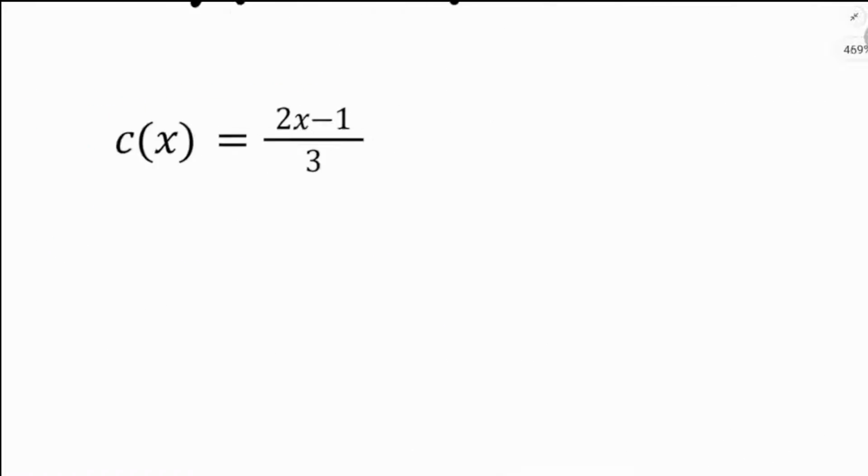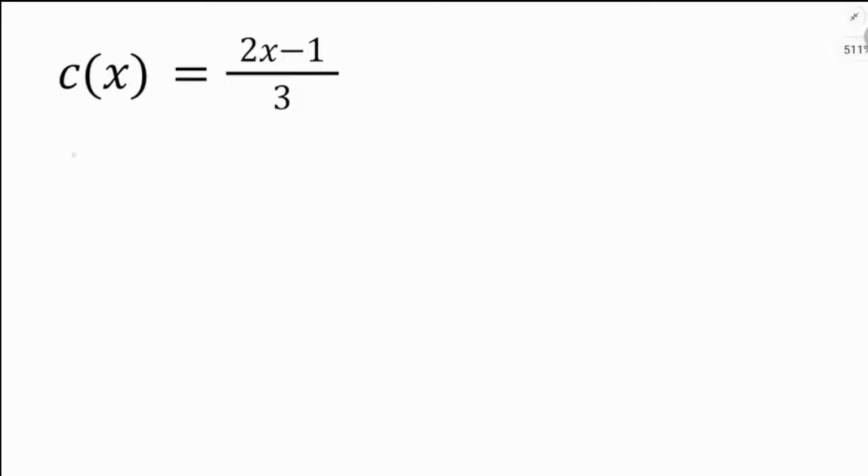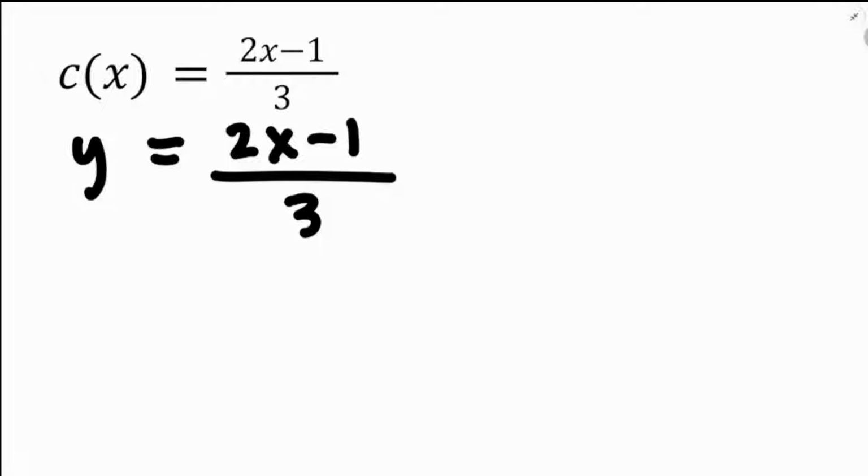All right, c of x, 2 to the x minus 1 over 3. Well, this one will be a little easier, but this is a linear function, and those aren't always the most interesting to find the inverse of, but we can find it all the same. Solve for x.